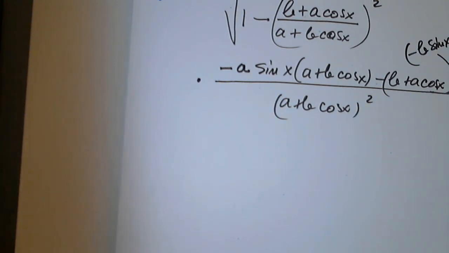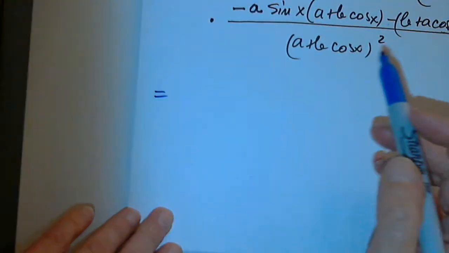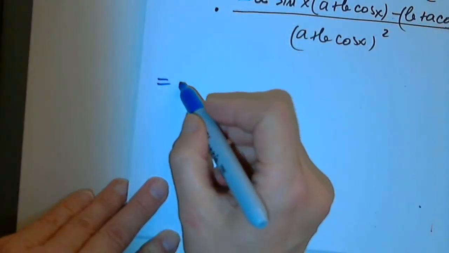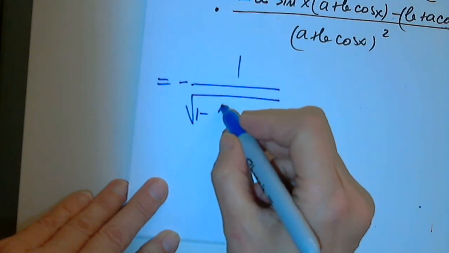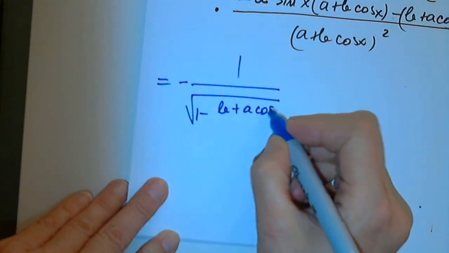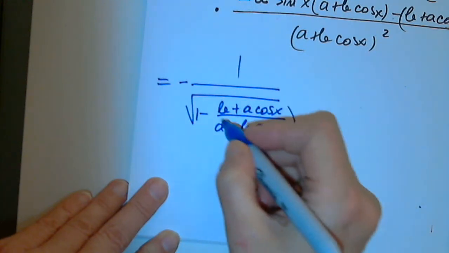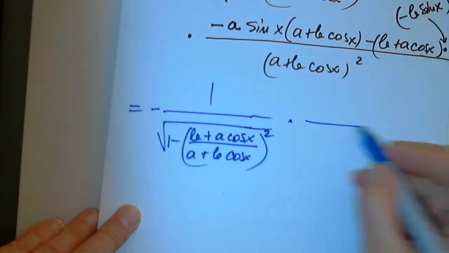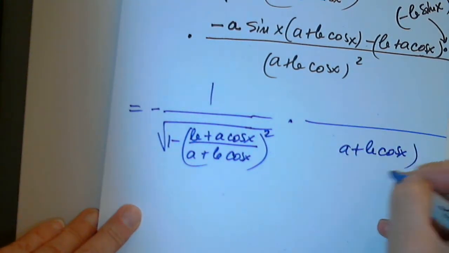Okay, so let's leave this alone for a moment. I just try to simplify the second part. So I have negative 1 over the square root of 1 minus (b plus a cosine x) over (a plus b cosine x), everything squared, times the denominator, which is a plus b cosine x squared.